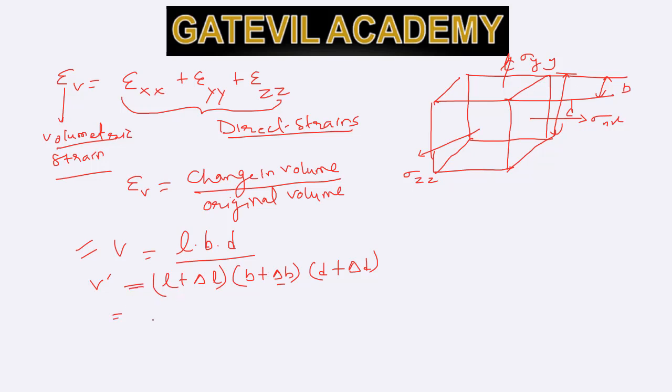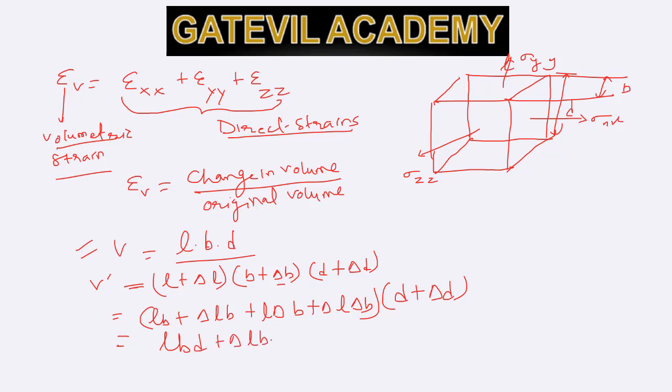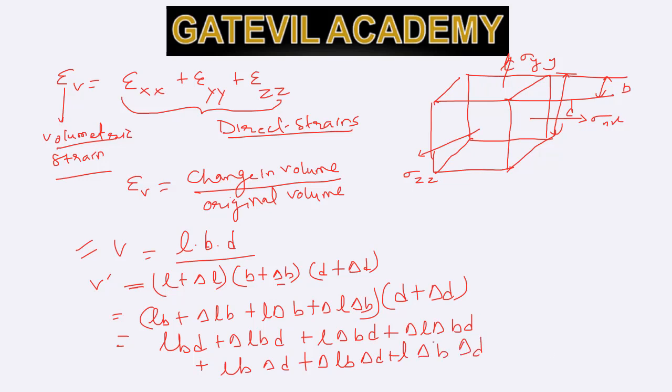So the new volume will be LB plus delta LB plus L delta B plus delta L delta B, multiplied by D plus delta D. So this will be LBD plus delta LBD plus L delta B D plus delta L delta B D plus LB delta D plus delta LB delta D plus L delta B delta D plus delta L delta B delta D.